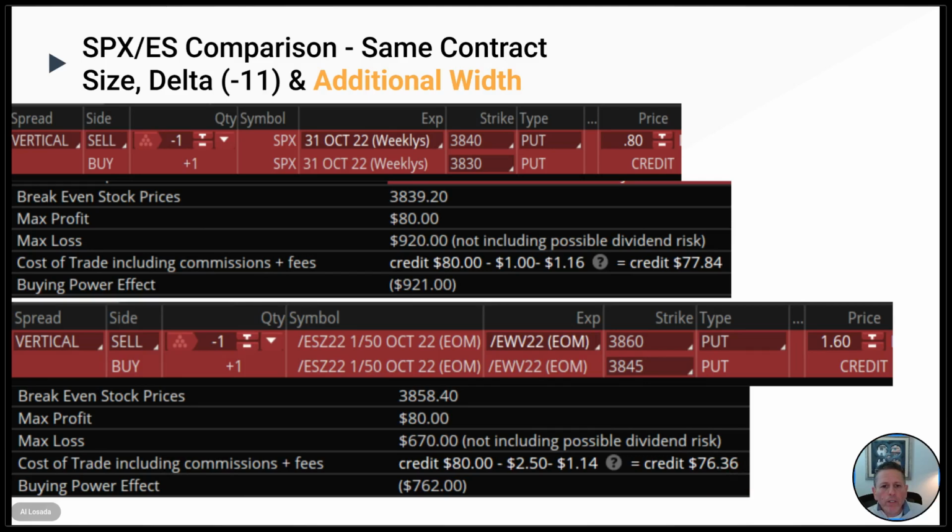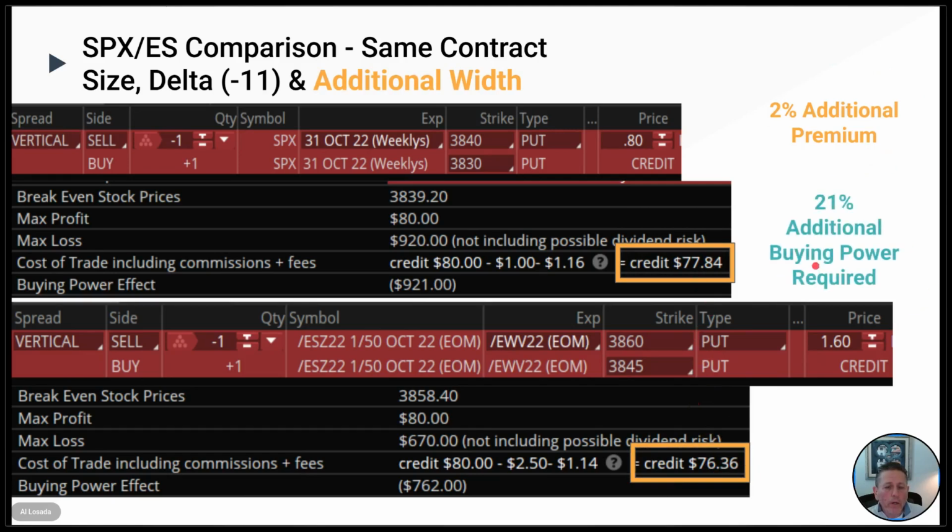Here, basically the same credit for each, 2% additional premium, and 21% additional buying power for options on futures. Again, it's just a comparison, and it's a much better deal for trading these.